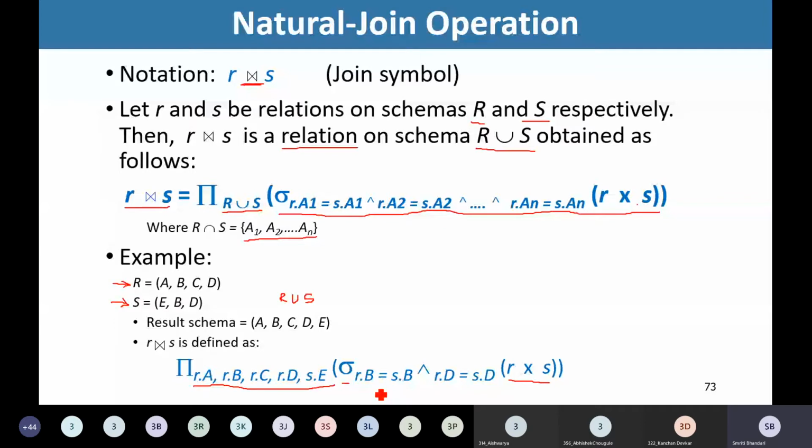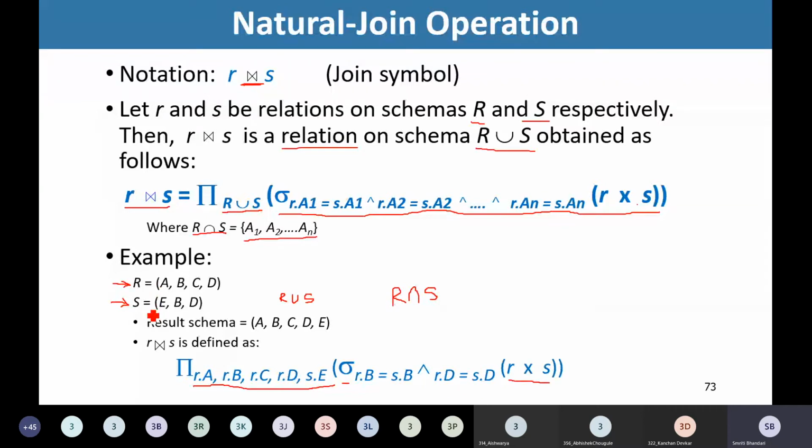The predicate is written on the schema R intersection S. Which are the common attributes in R and S? What is R intersection S? B and D. So these two are the common attributes.